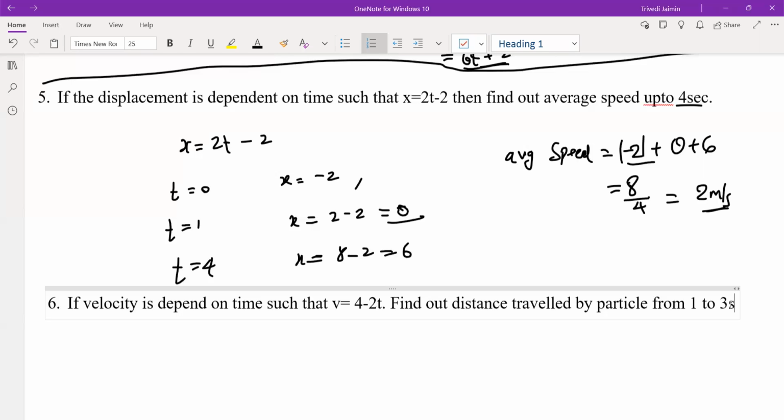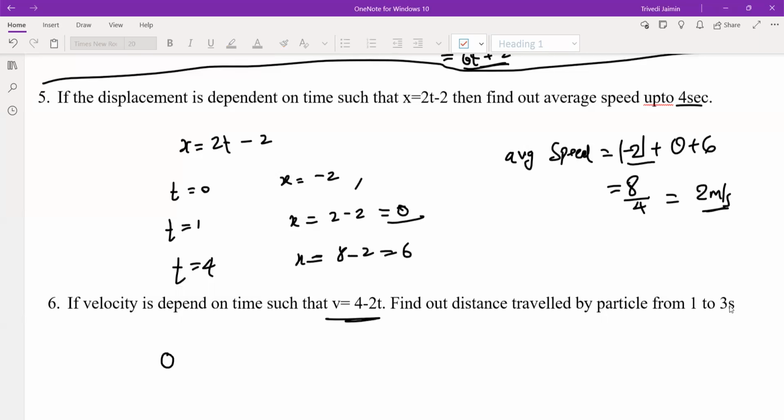Because the distance traveled is from 1 to 3, so in between, who is there? 2. Because how did we get 2? With this equation, at what time will v be 0? 0 equals 4 minus 2t. So t equals 2 seconds.